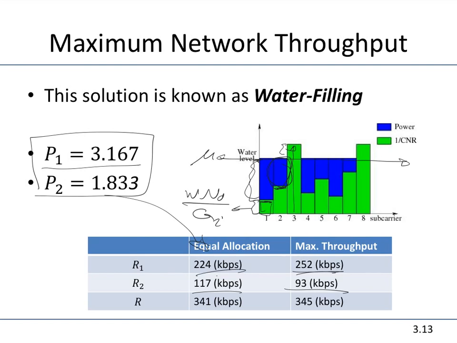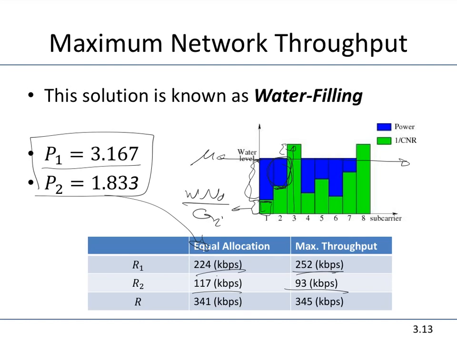So you can calculate the water level and assign to each user, but still it's O of n. You have to go through each user, calculate the gain, then calculate the water level and give this user the amount of power based on the difference. It's O of n.